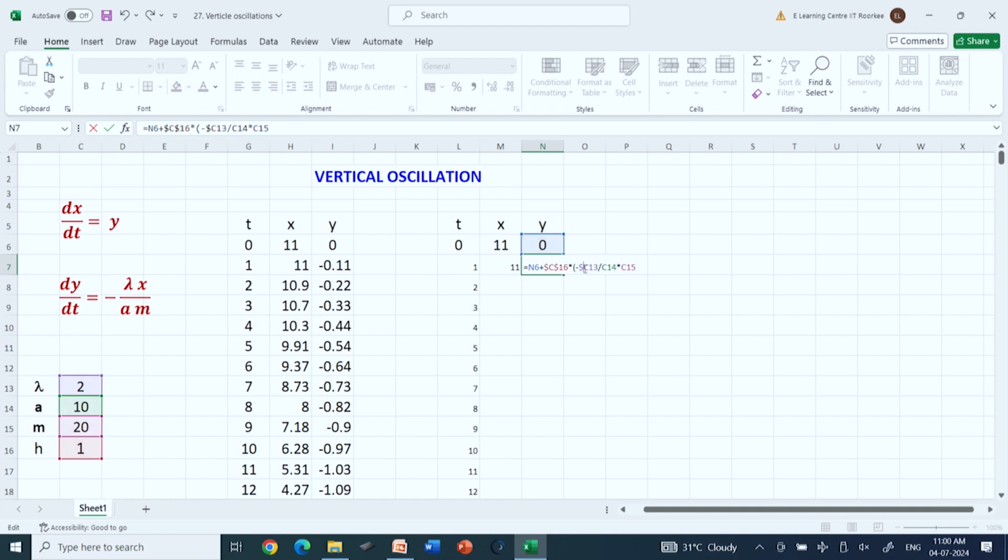And since these are constants, we put the dollar inside, put the denominator under a bracket, and close. So this is multiplied by x, that is 11.